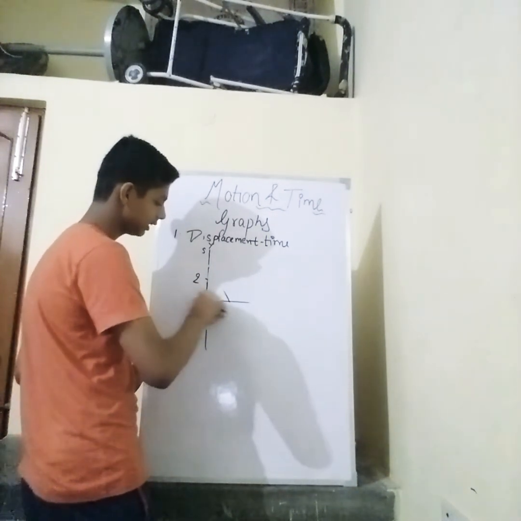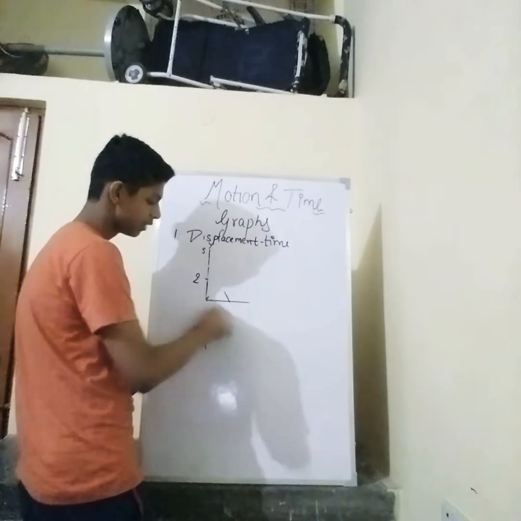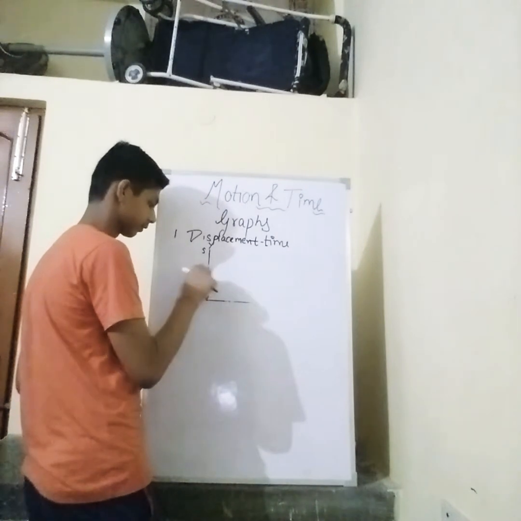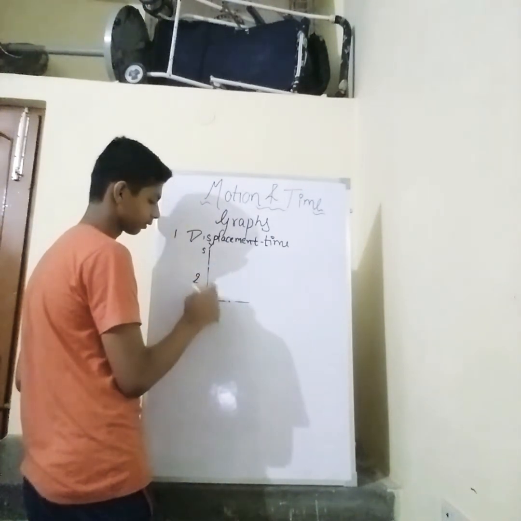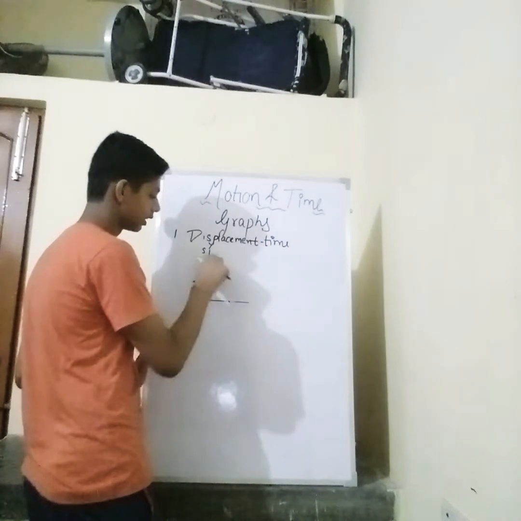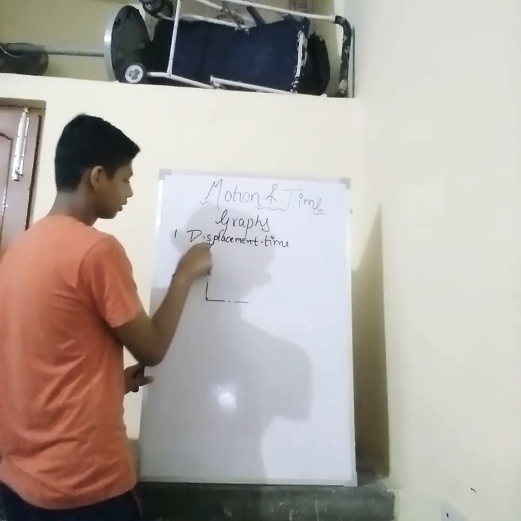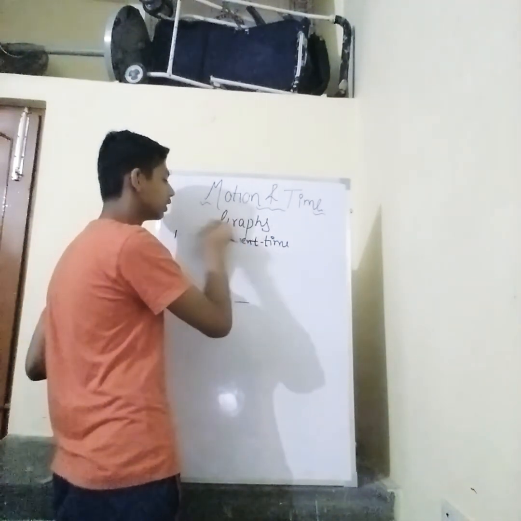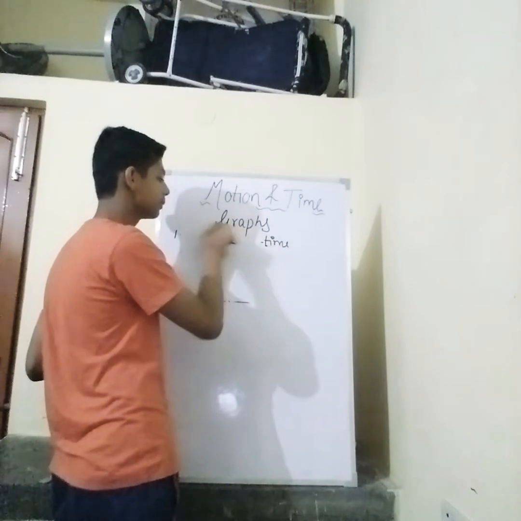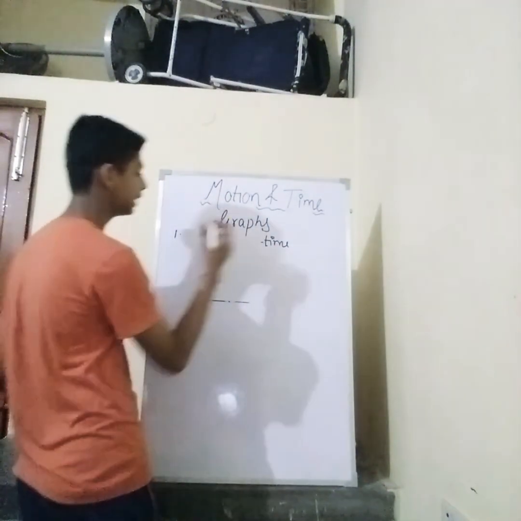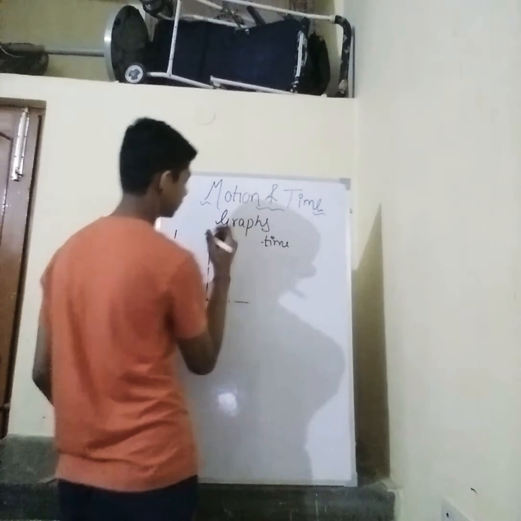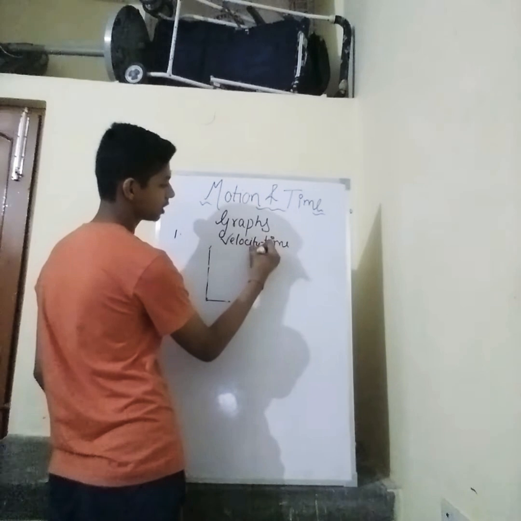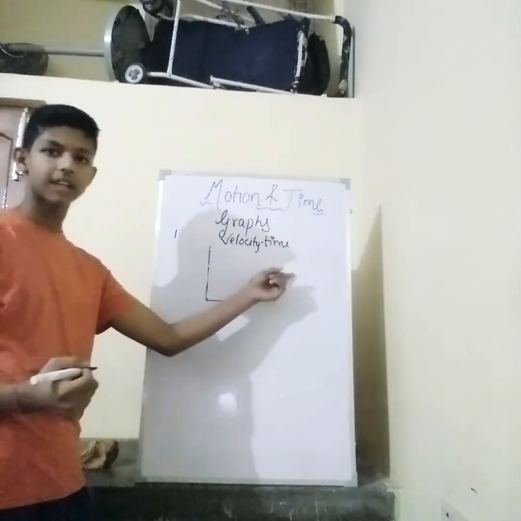Now we will see the velocity time graph or speed time graph. For the velocity time graph, I will write the symbol V for denoting speed or velocity, both. This is the velocity time graph.